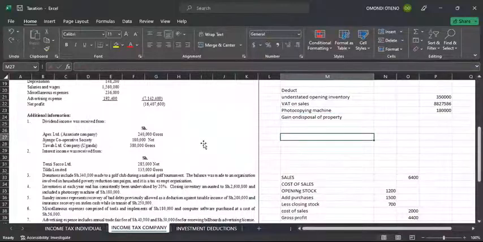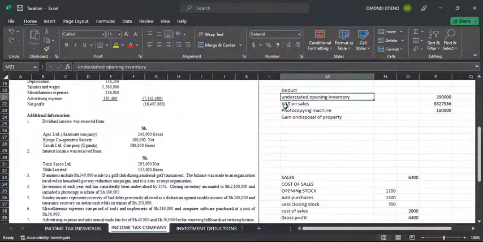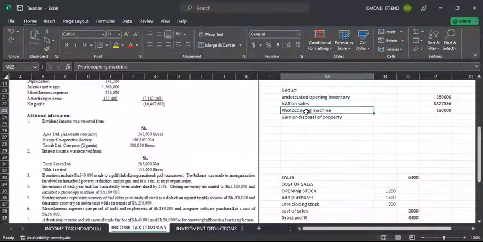The photocopying machine, yes. Remember, deducting it here is just to rectify the mistake which was done. The only thing we are allowed to use to reduce the taxable income is the investment allowance that we are going to charge against the photocopying machine. We look at that table and check the rate which is operating.